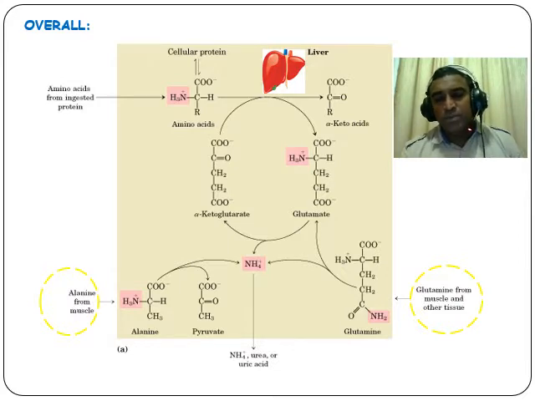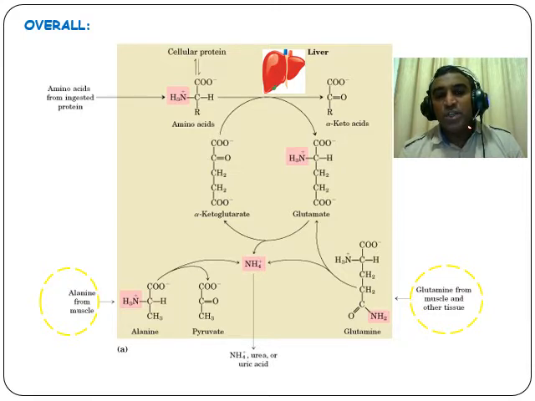Glutamine, which also comes from other tissues, muscle and also brain, is brought to the liver, where it releases the ammonium ion, and the ammonium ion will then be made into urea by the urea cycle.